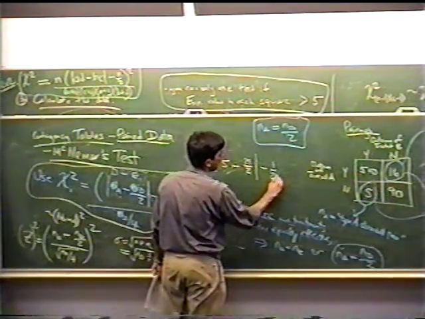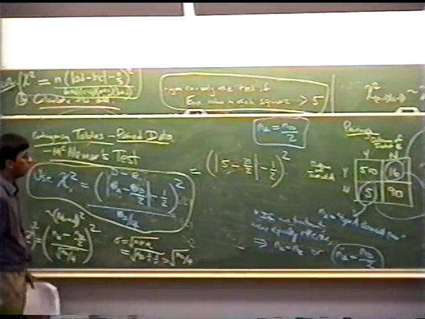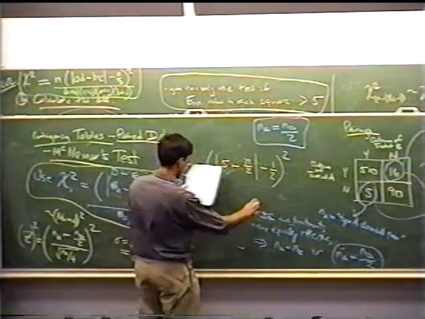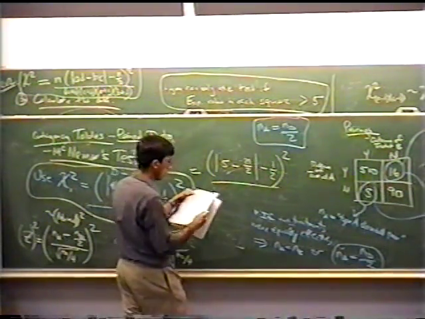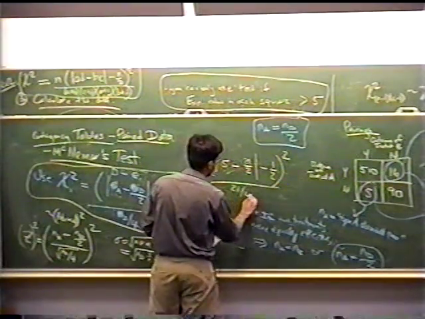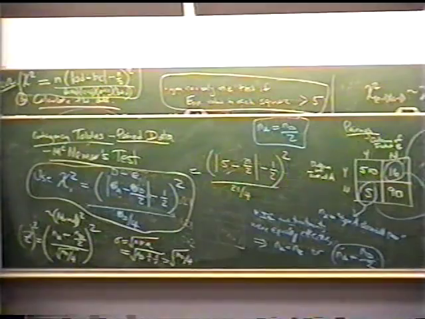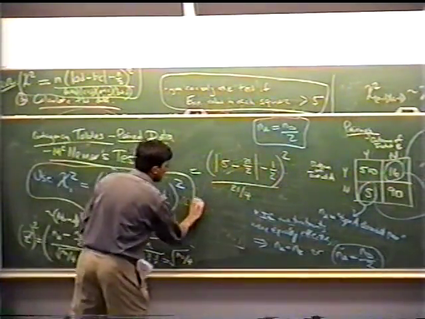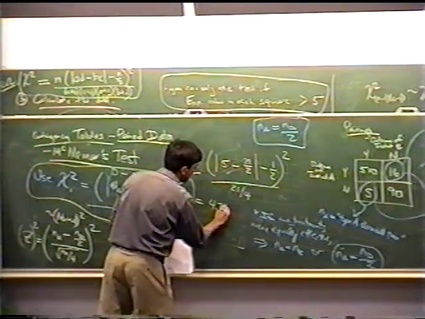Minus a half, squared, all over 21 over 4. And so when you solve for that, you get that it's equal to 4.76.